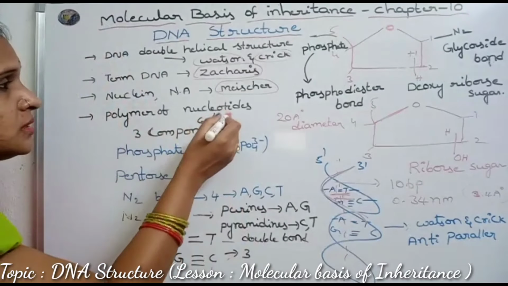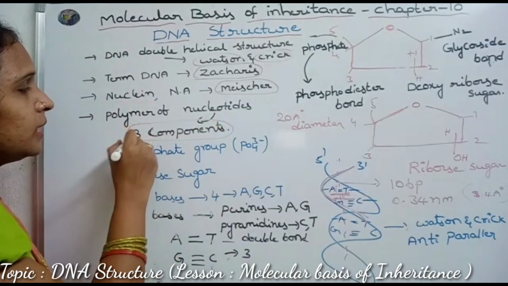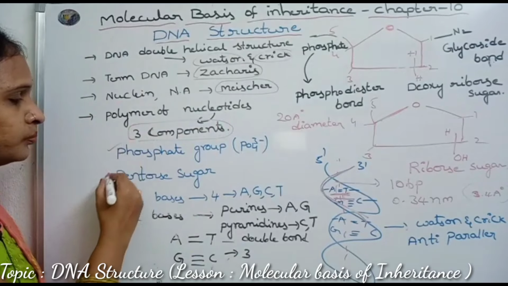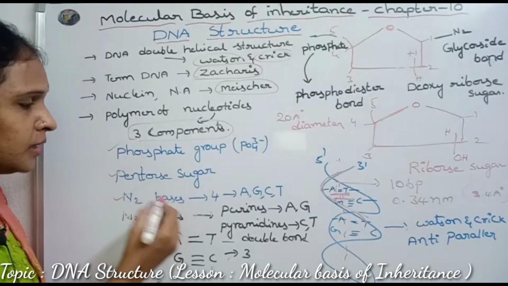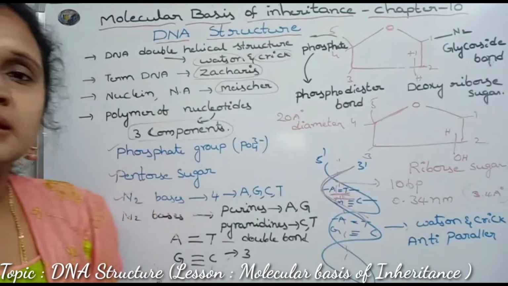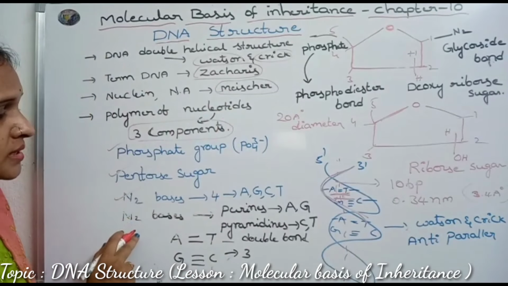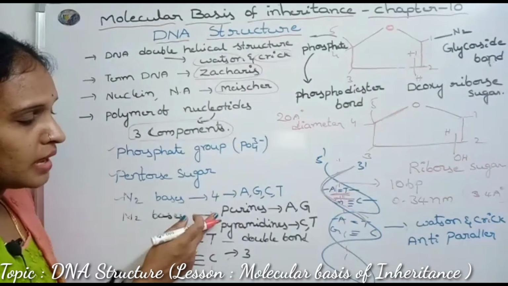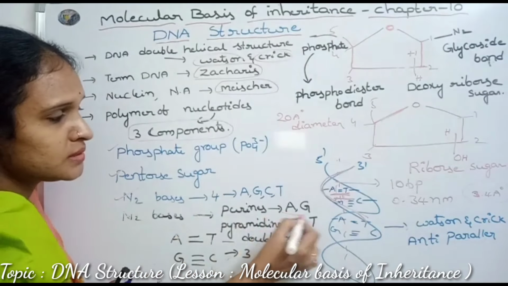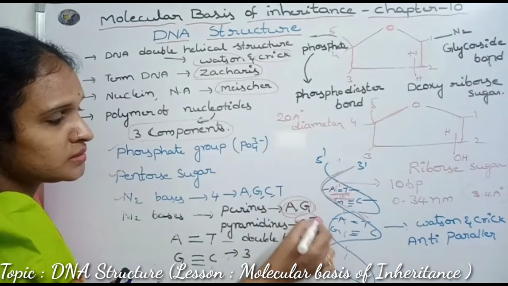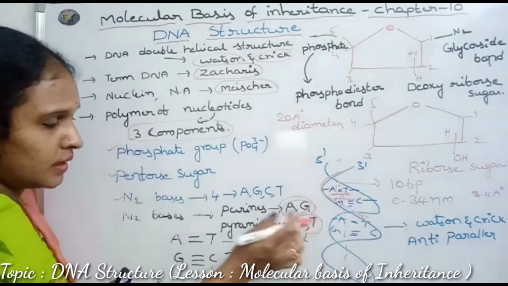Nucleotides have 3 components: phosphate group, pentose sugar and nitrogen bases. Nitrogen bases are 2 types: purines and pyrimidines. Purines means A and G. Pyrimidines means cytosine and thymine.